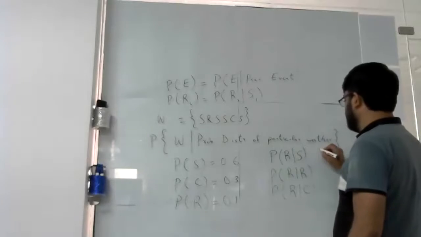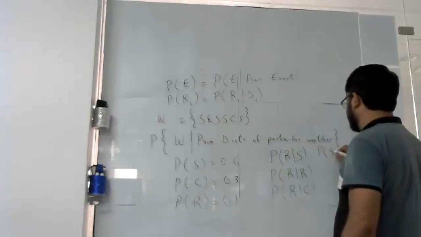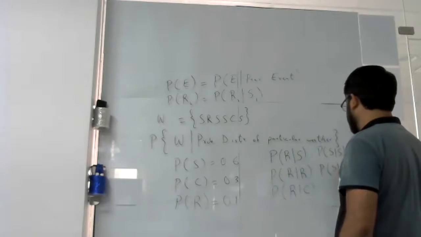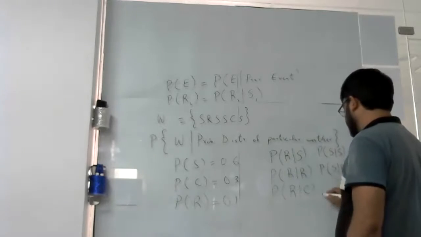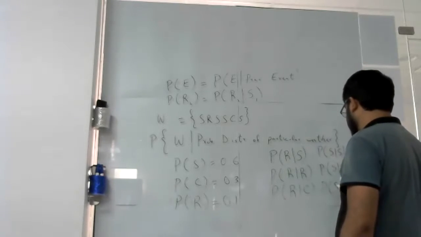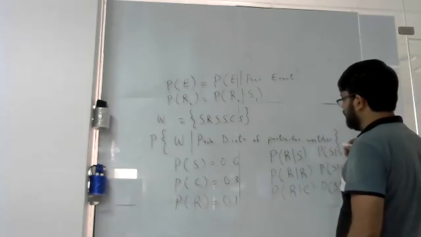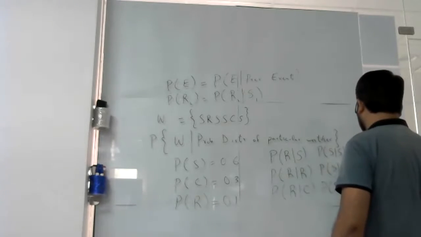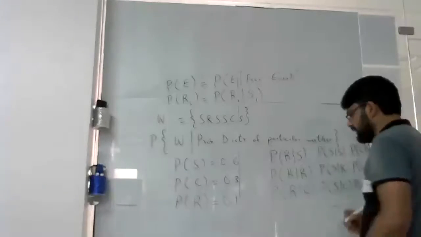Similarly, we need the probability of observing a sunny day given that the previous day was sunny, rainy, or cloudy. And similarly, you also need the probability of observing a cloudy day given that the previous day was sunny, rainy, or cloudy.